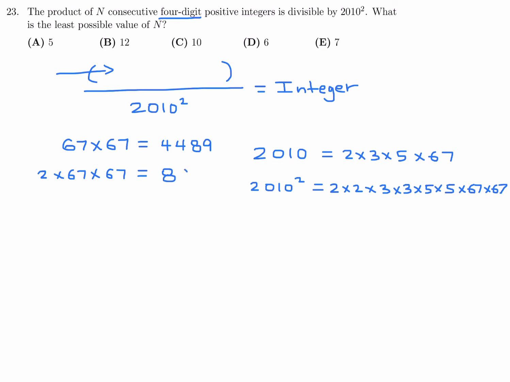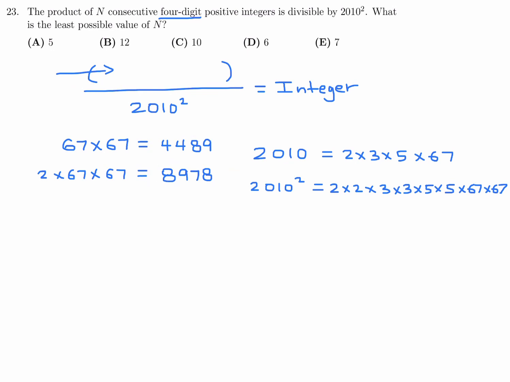You can't go any higher, because if you started using 3s and 2 67s, you would no longer have a 4-digit number. You'd have a 5-digit number, 13,000-something. So these are the only 2 4-digit numbers. So my string of 4-digit numbers in my numerator has to be somewhere plus or minus those numbers.